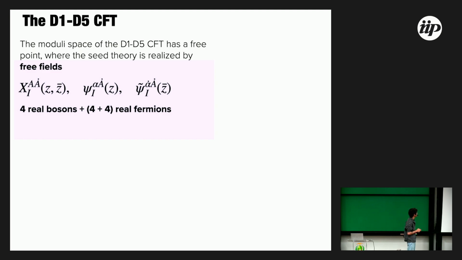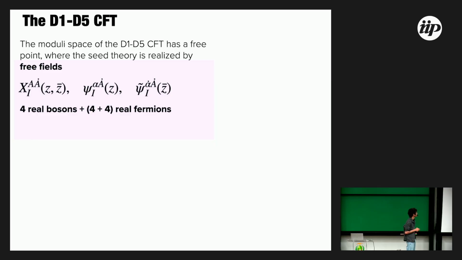And then you can try to compute things in this free CFT and argue, by some supersymmetry theorem, that the result is protected and will be the same at the actual point of moduli space that is dual to the gravitational solution.